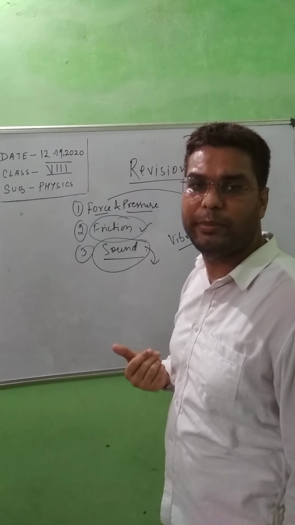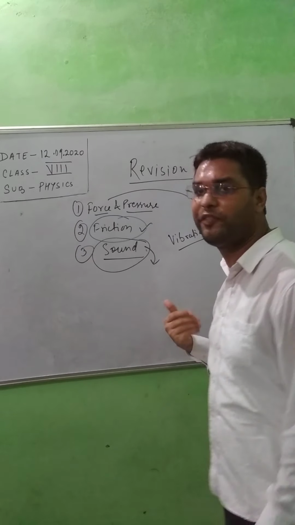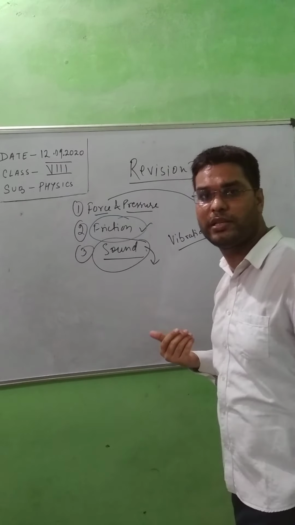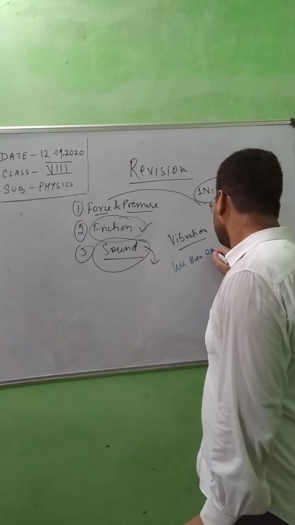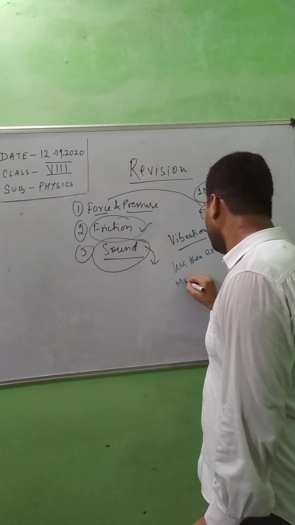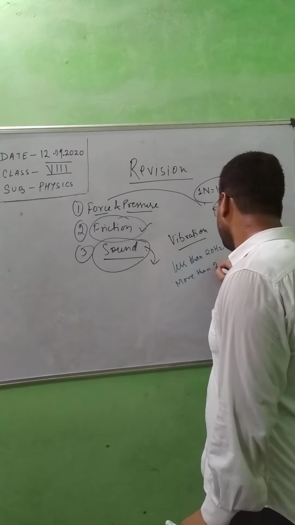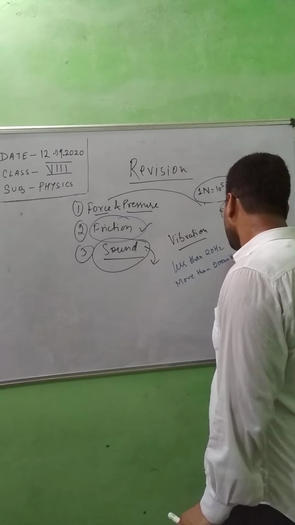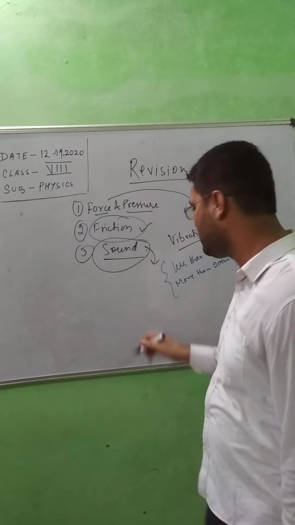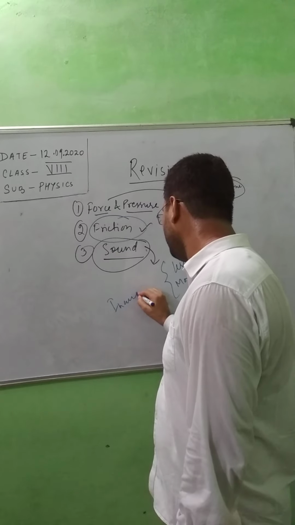We have also talked about the types of sound depending on the frequency. If the frequency of the sound is less than 20 Hz or more than 20,000 Hz, the sound produced is inaudible.